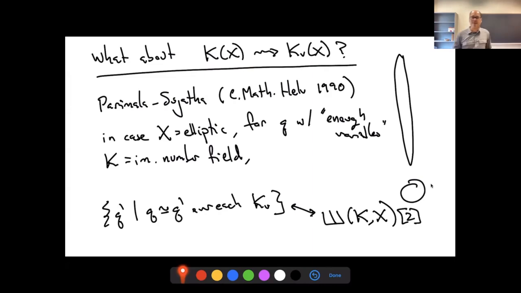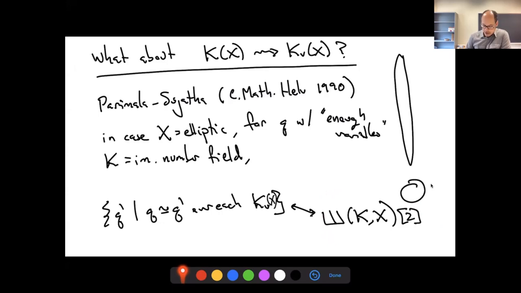There's this very nice paper, Parimala and Sujatha from Commentarii in 1990, and they showed that in fact you can have parameterized quadratic forms that look the same whenever you complete. But it turns out that there's a finite number, and that finite number is exactly reflecting the classical Tate-Shafarevich group of, for example, in this case, an elliptic curve.